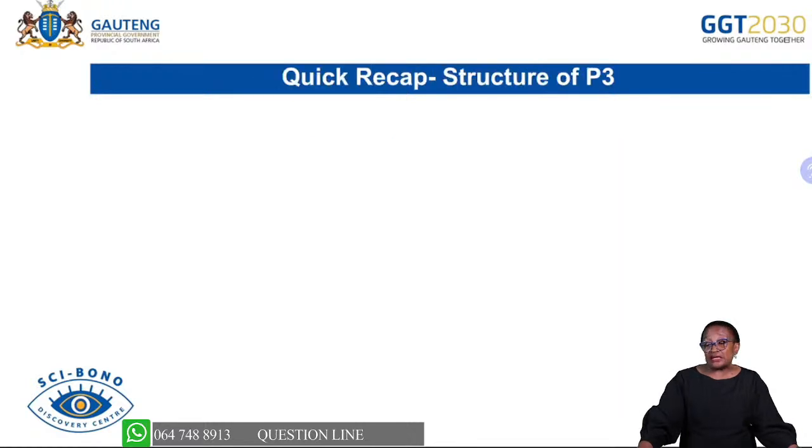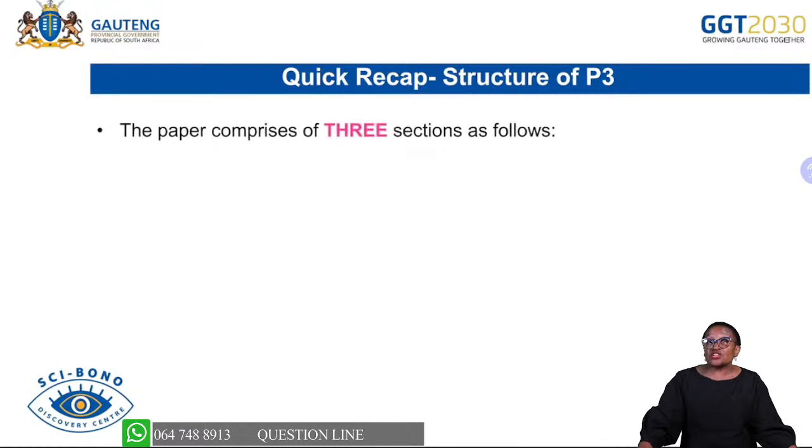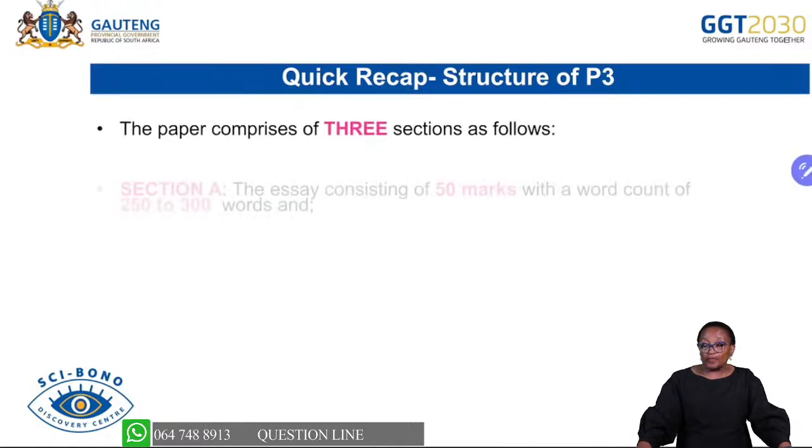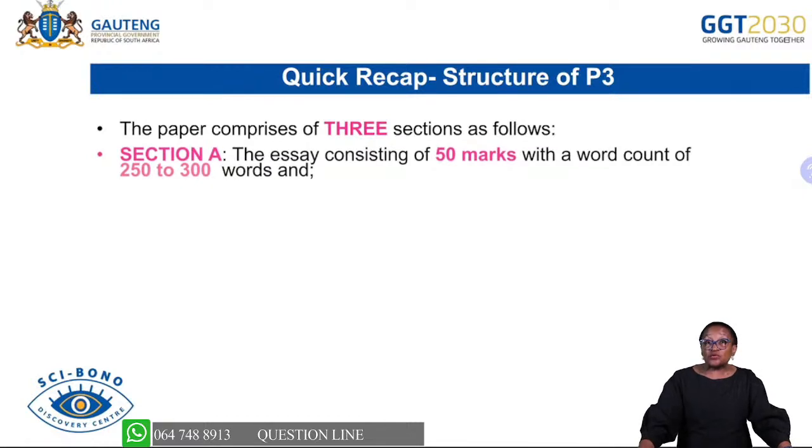Let's do a quick recap about the structure of paper 3. Remember, section A and section B have already been dealt with in the past weeks. But let us quickly look at the recap here. The paper comprises 3 sections, which are as follows. We've got section A, which is the essay consisting of 50 marks with a word count of 250 to 300 words.